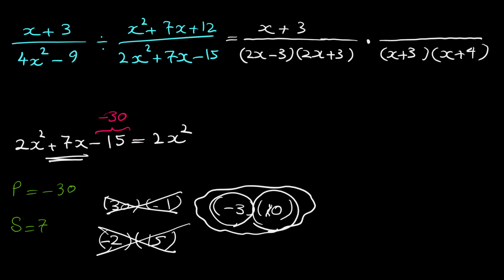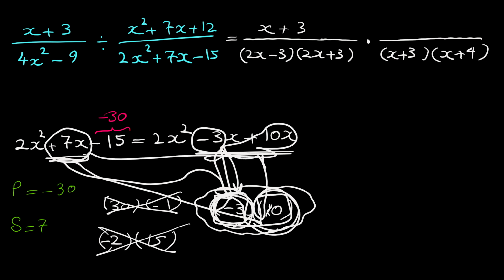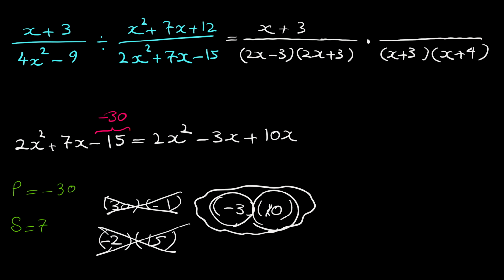We write 7x in the form of negative 3x plus 10x. Where does this come from? From these numbers. We got negative 3 and 10. Attention, negative 3x plus 10x is exactly 7x. This is the way that we use these numbers. And minus 15.